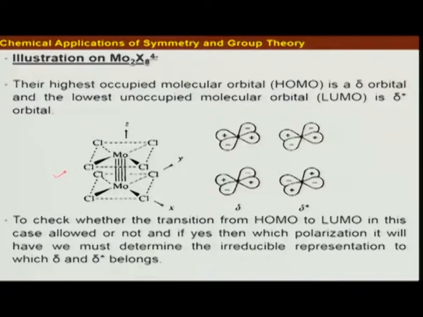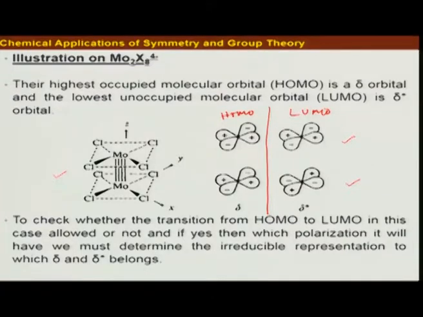You don't have to worry about what is delta star and delta, because we are giving the detailed picture of the orbitals for this HOMO and LUMO explicitly here. Okay, so this is the HOMO part, and this is the LUMO part.